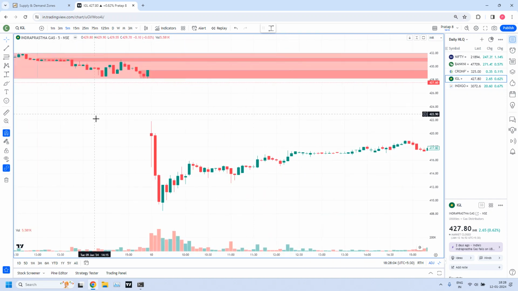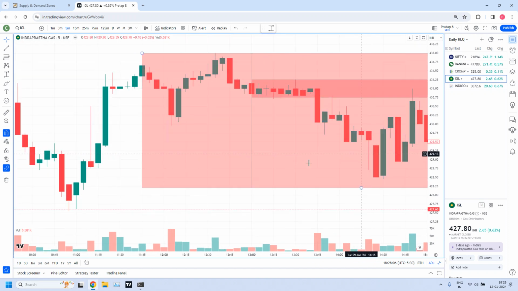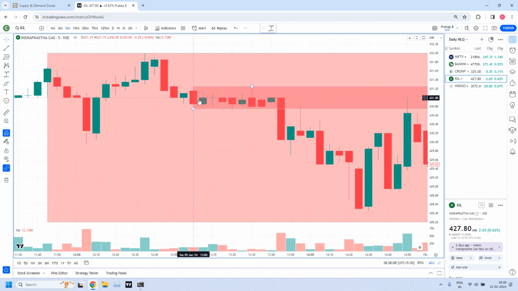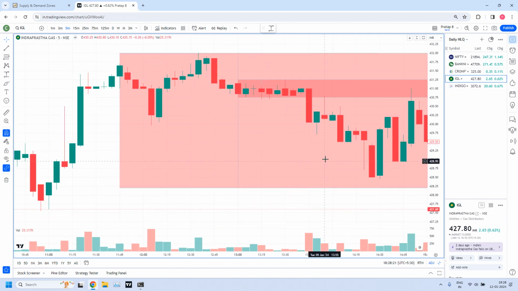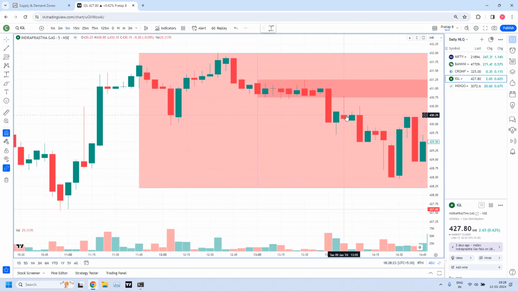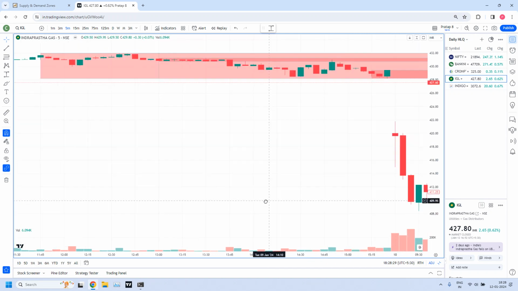Even look into this zone. All these are base candles. 1, 2, 3, 4, 5, 6, 7, 8, 9, 10, 11. You have a drop, all these base candles, again a drop. This zone also will be violated. But previously, see, prices went down and entered into this area and came down.